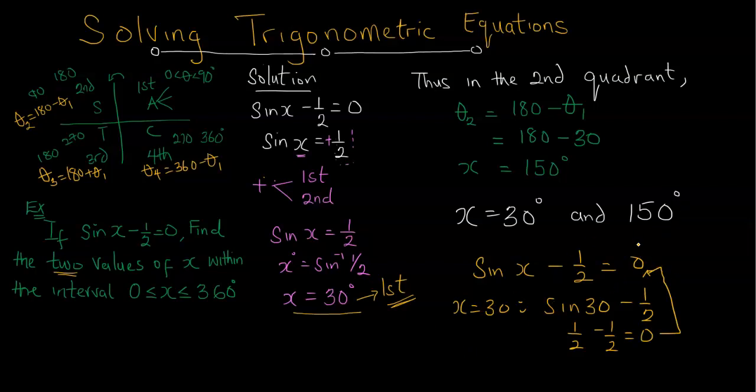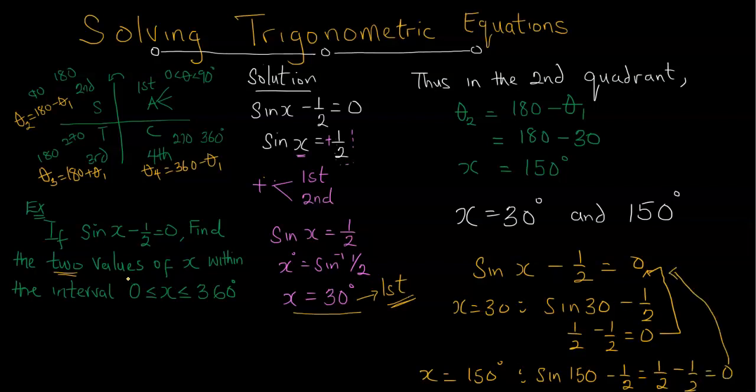Also, if x is 150 degrees, this is also going to be sine 150 minus 1/2. Sine 150 is positive sine 30, which is 1/2. So this is 1/2 minus 1/2, and this also gives 0.